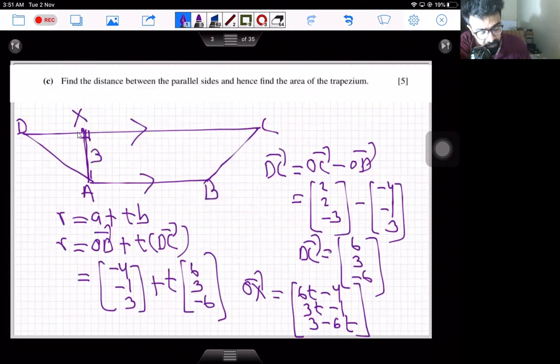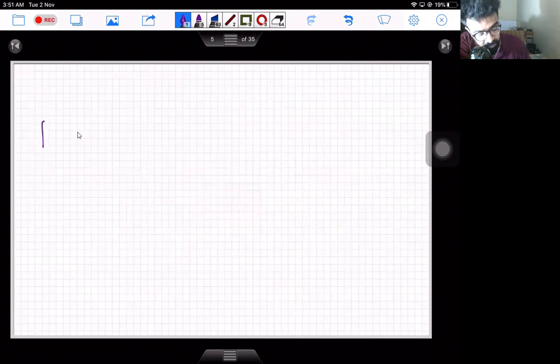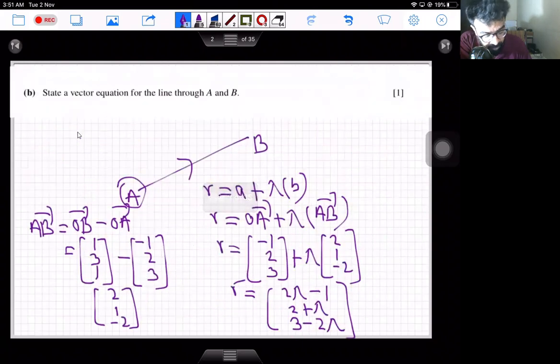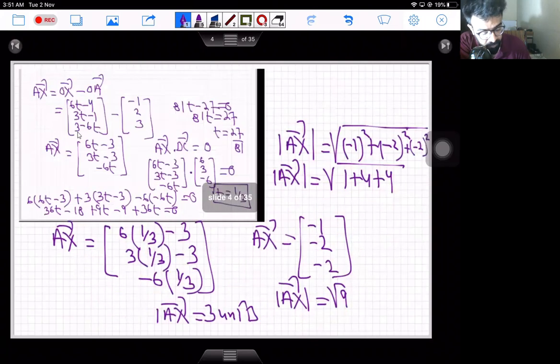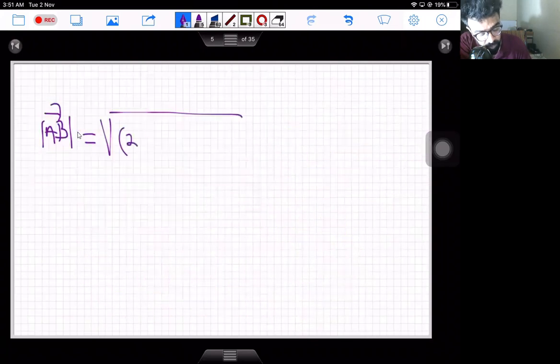Now we can actually find the magnitude of AB and the magnitude of DC. Now, in order to find the magnitude of AB, very simple. We know the vector AB itself. We had actually found AB when we were finding the equation of the line through A and B. So AB vector is here (2, 1, minus 2). So square root of 2 squared plus (minus 1) squared plus 2 squared.